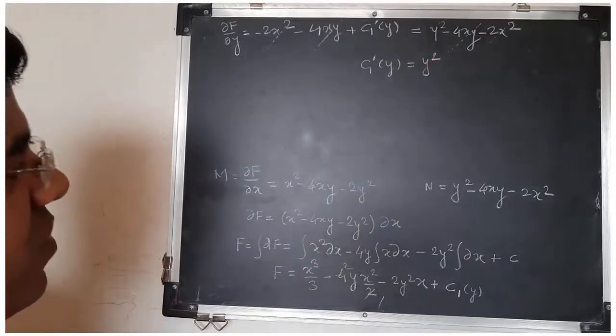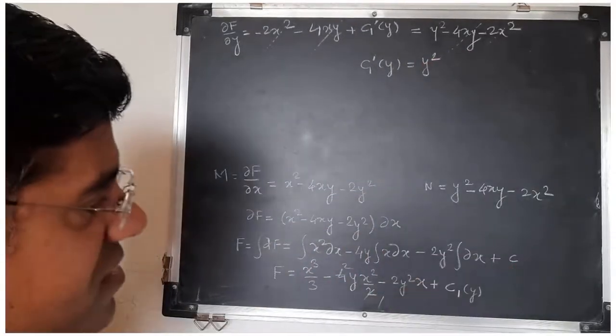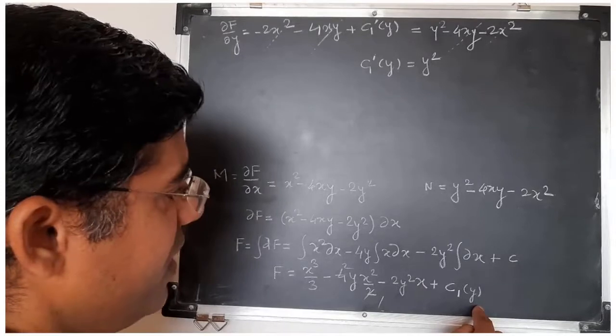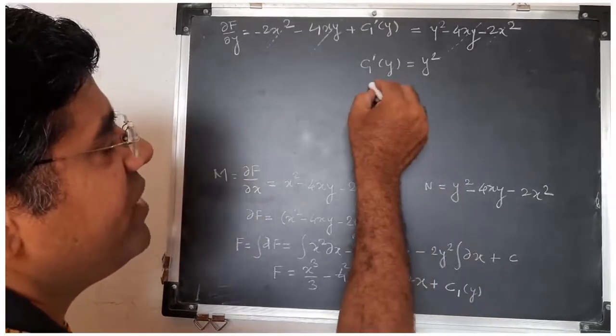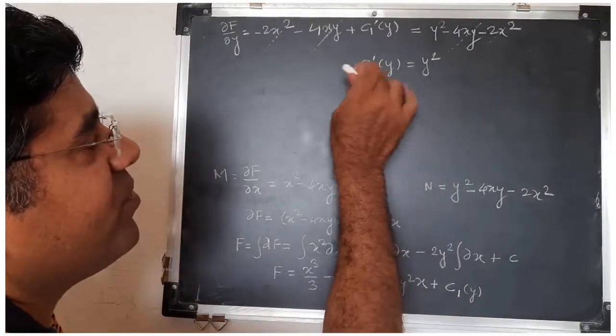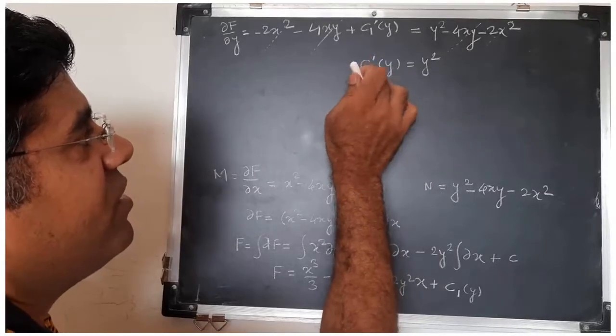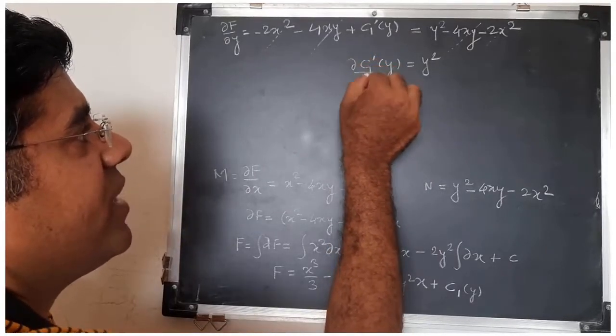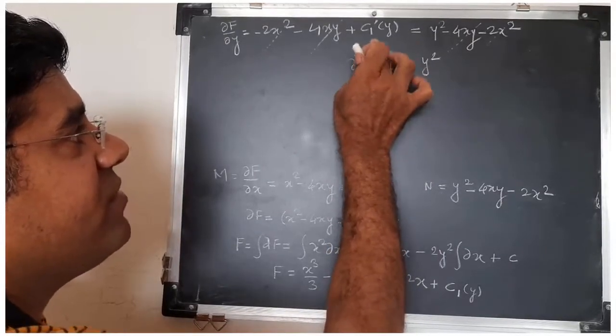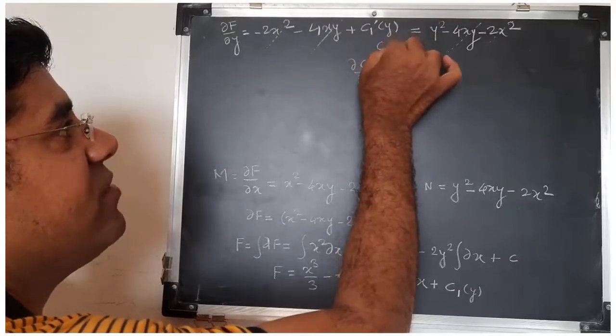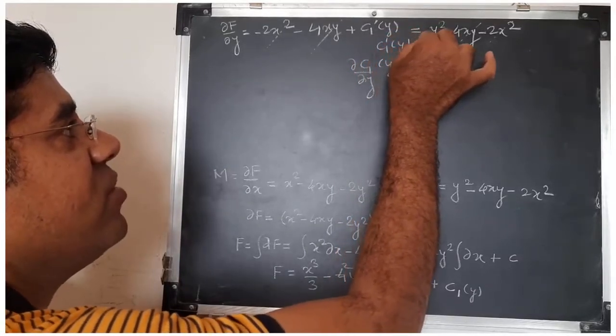Now my aim is to find c1 of y. How will we find it? I will integrate the given function, because c1 dash is y square.